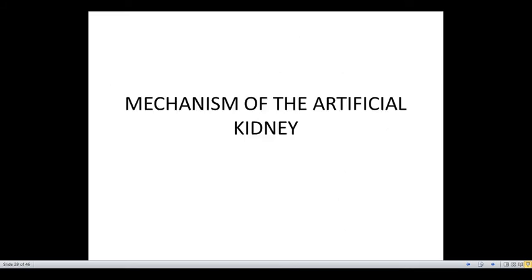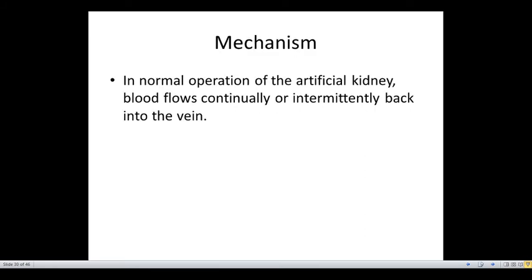Now let's study the mechanism of the artificial kidney. In normal operation of the artificial kidney, the blood flows continually or intermittently back into the vein of the patient.